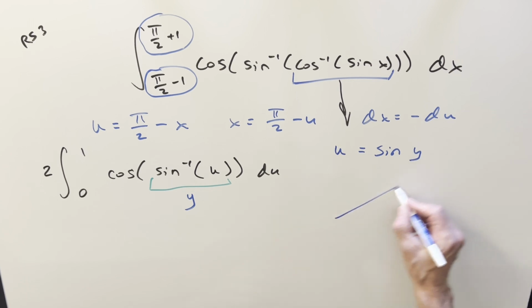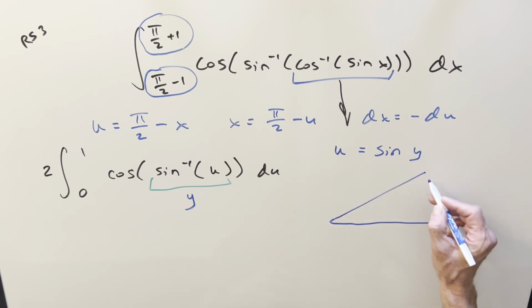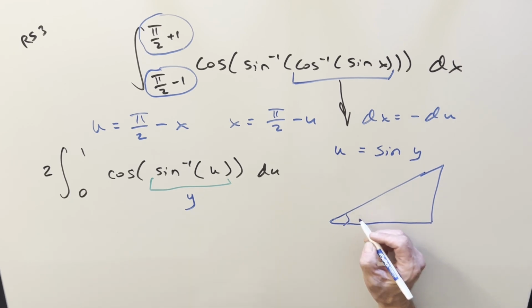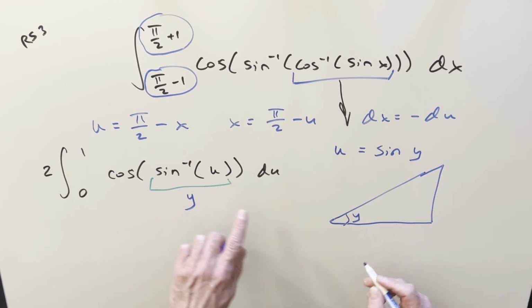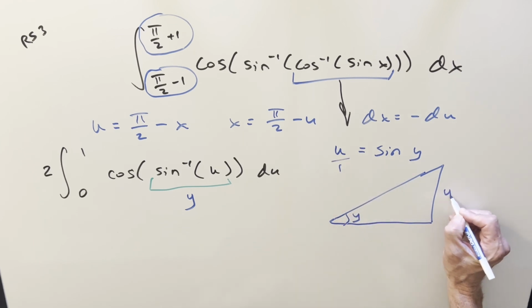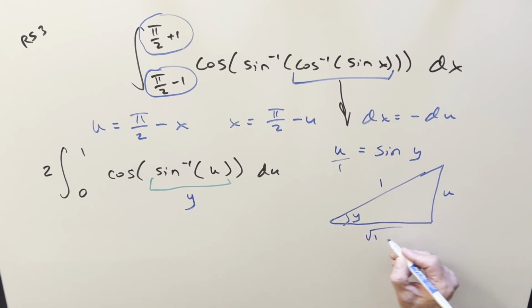What this will allow us to do, you could do it without this, just using the Pythagorean identity, but let's do the triangle instead. The angle is going to be y, and then we're saying sine of y is u, so we can look at that like u over 1. So we can create the triangle like this. And then the third side with the Pythagorean theorem is going to be square root of 1 minus u squared.